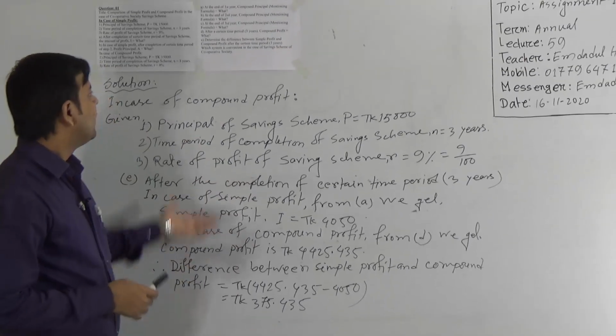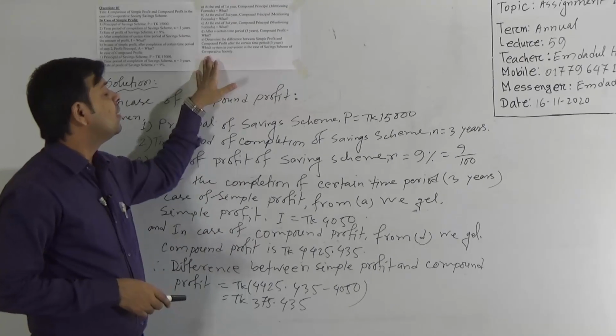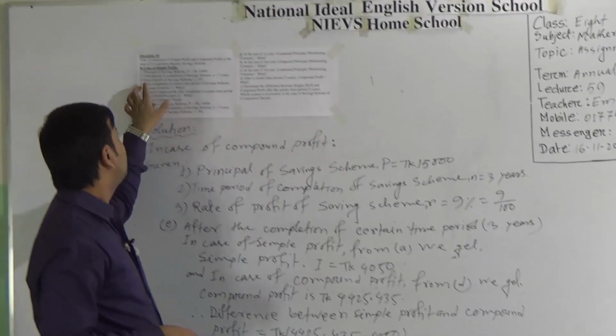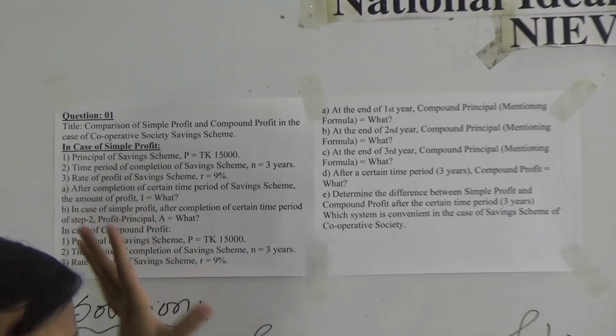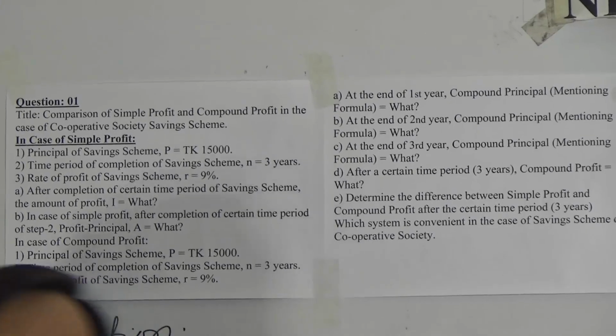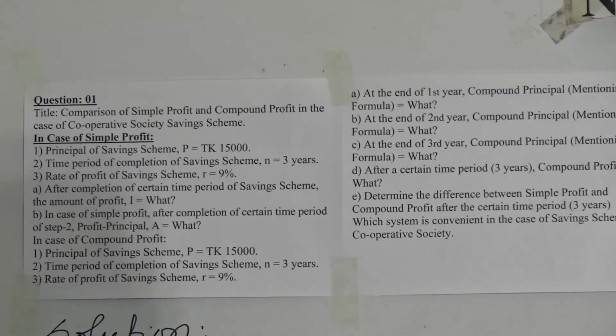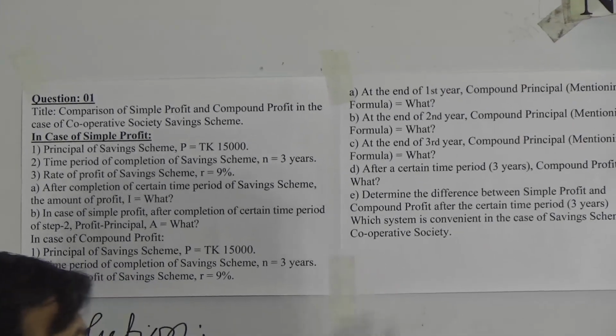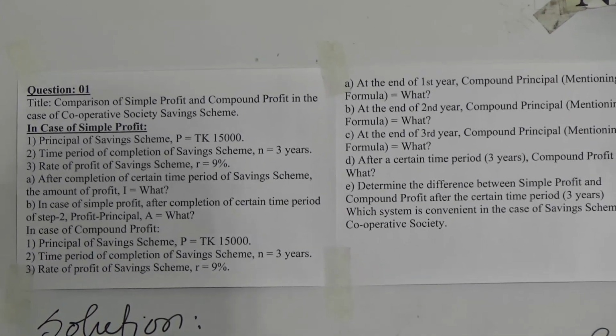Okay, now here is another question given. The question number is not given. Depending on these two systems, simple profit and compound profit, we have to say which system is convenient in case of the saving scheme of a cooperative society.